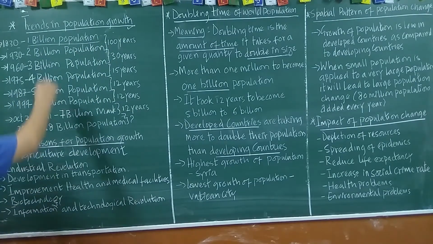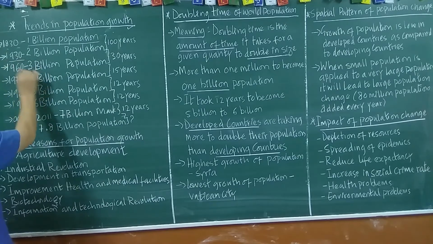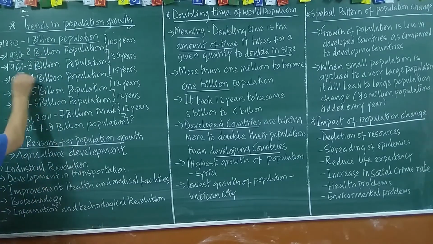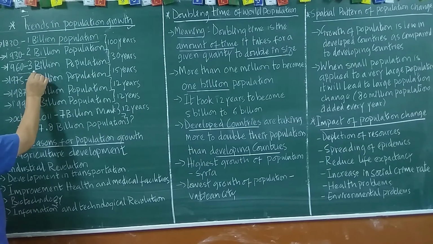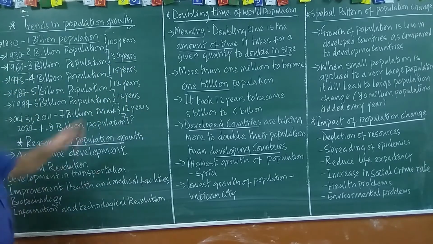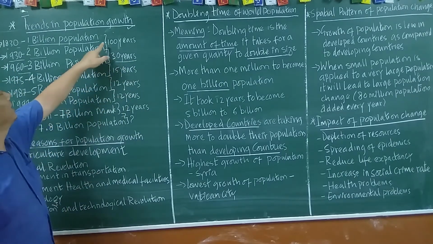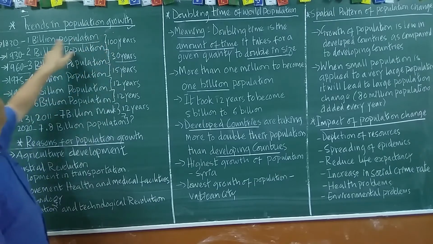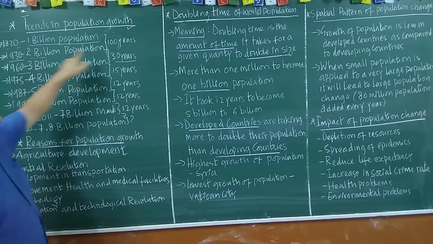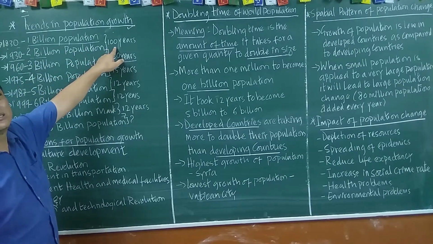In 1930, it became 2 billion, and in 1960 it became 3 billion. You can see the time taken: just 30 years to add another billion. From 1 billion to 2 billion, it took 100 years.